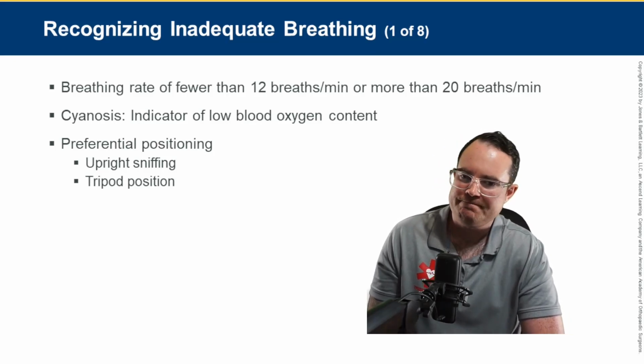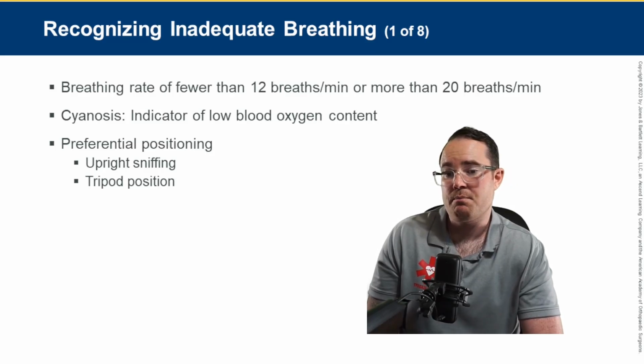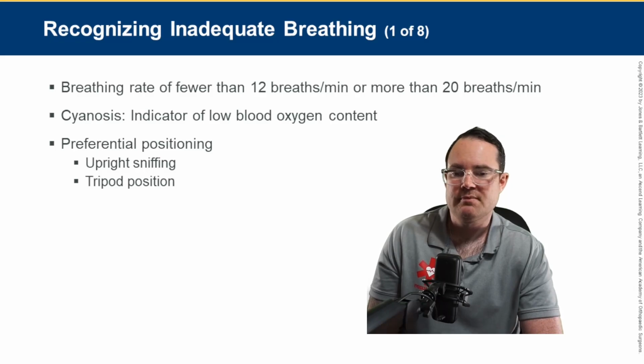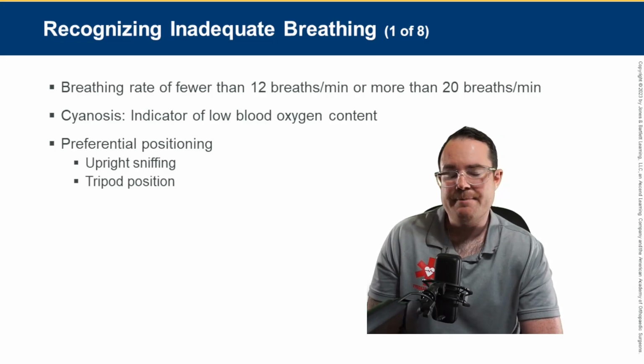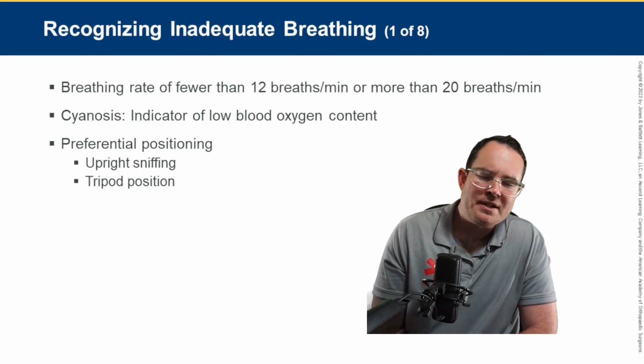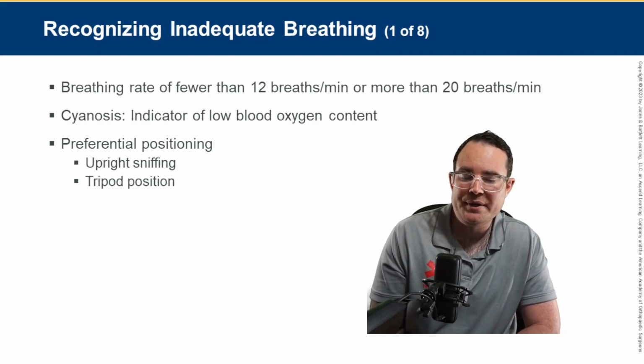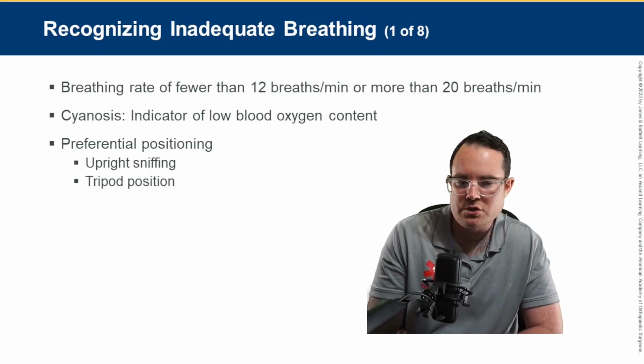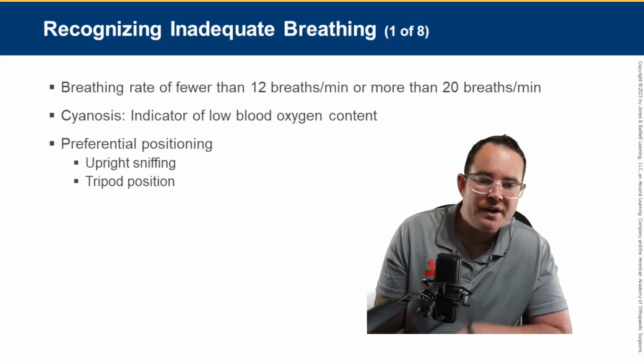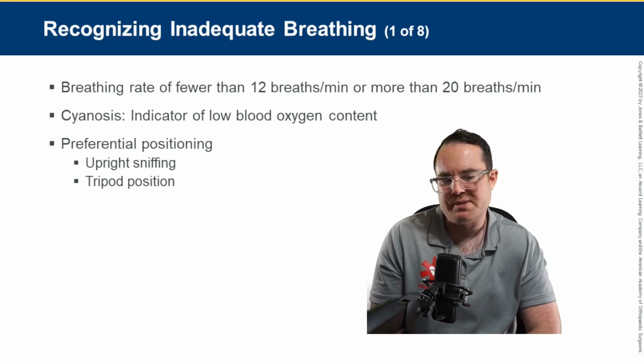Preferential positioning. Upright sniffing, tripod position. Okay. Upright sniffing typically means that the person's having a hard time swallowing. Typically, this is seen in children, right? When they're leaning forward and drooling. That is an upright sniffing position.